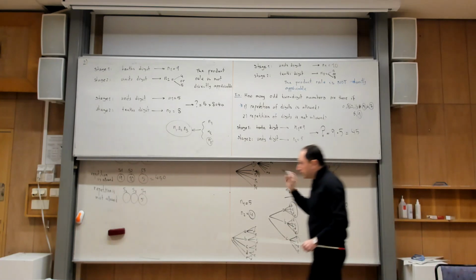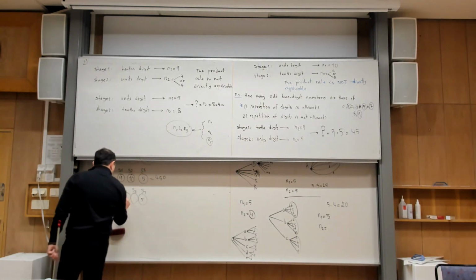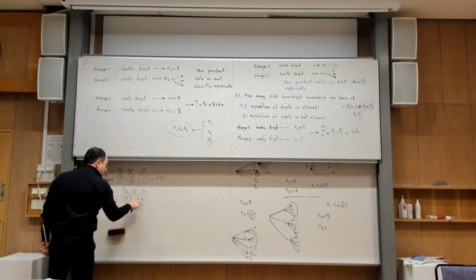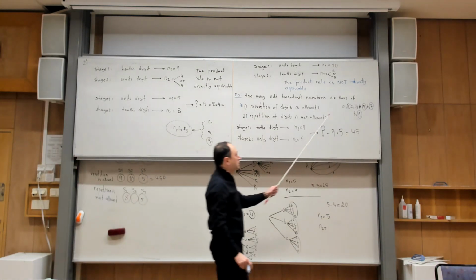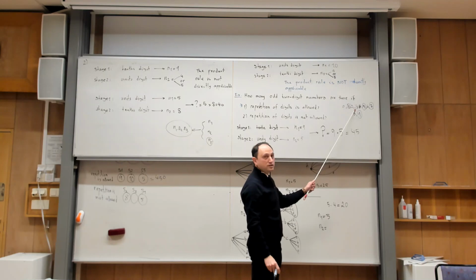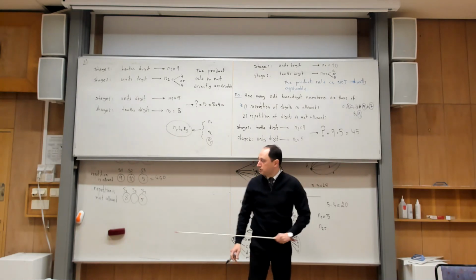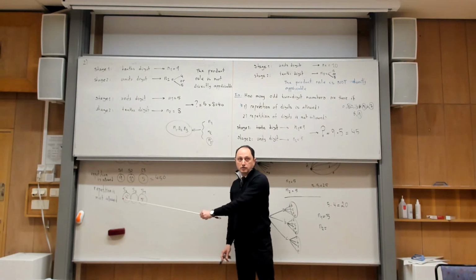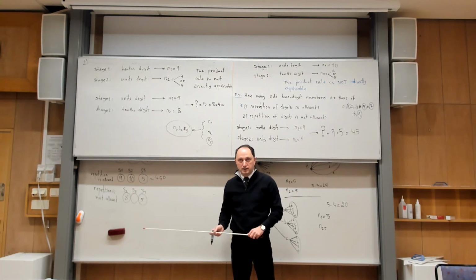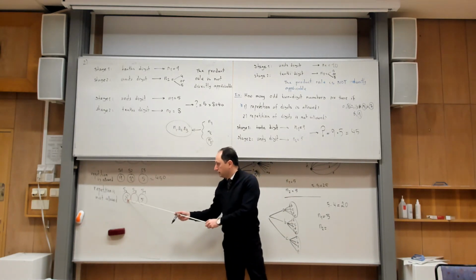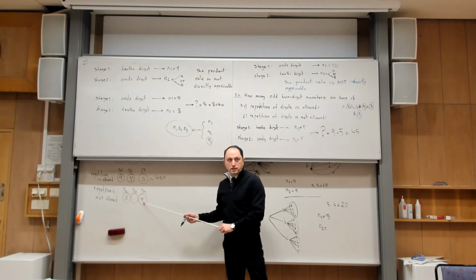So how many options are left for me? 8. Be careful. When I write this 8, is this 8 independent of how I have done the first stage? Yes. Because assume that instead of crossing 1 over, you have crossed 3 over. Then how many options are still available for you here? Again 8. You have to convince yourself that this number 8 that I put here is independent of my choice in the first stage.